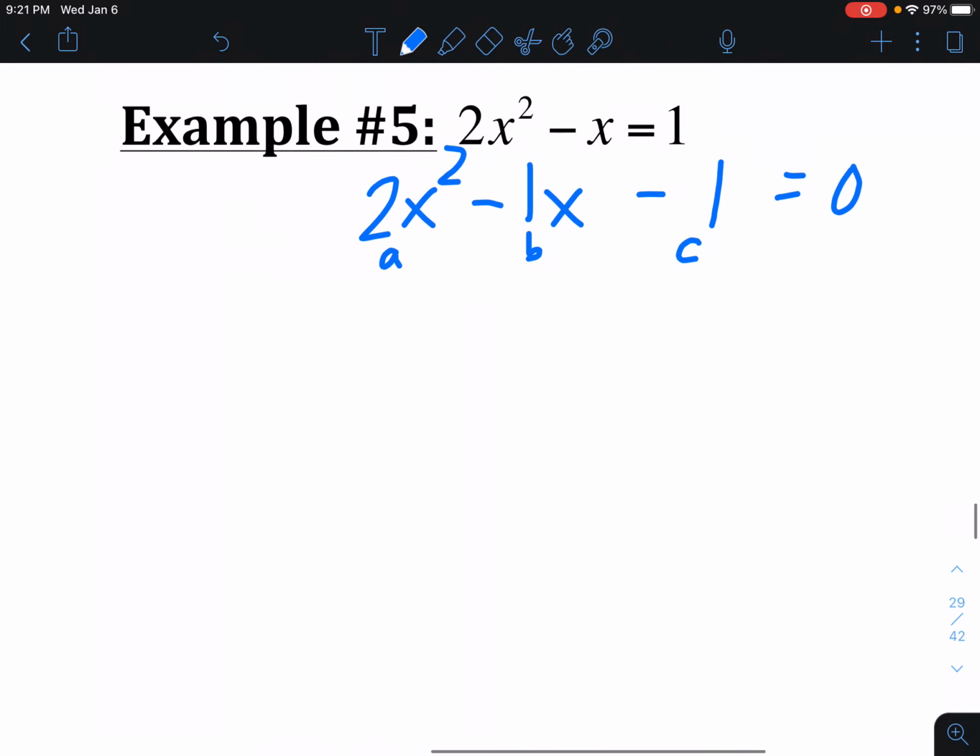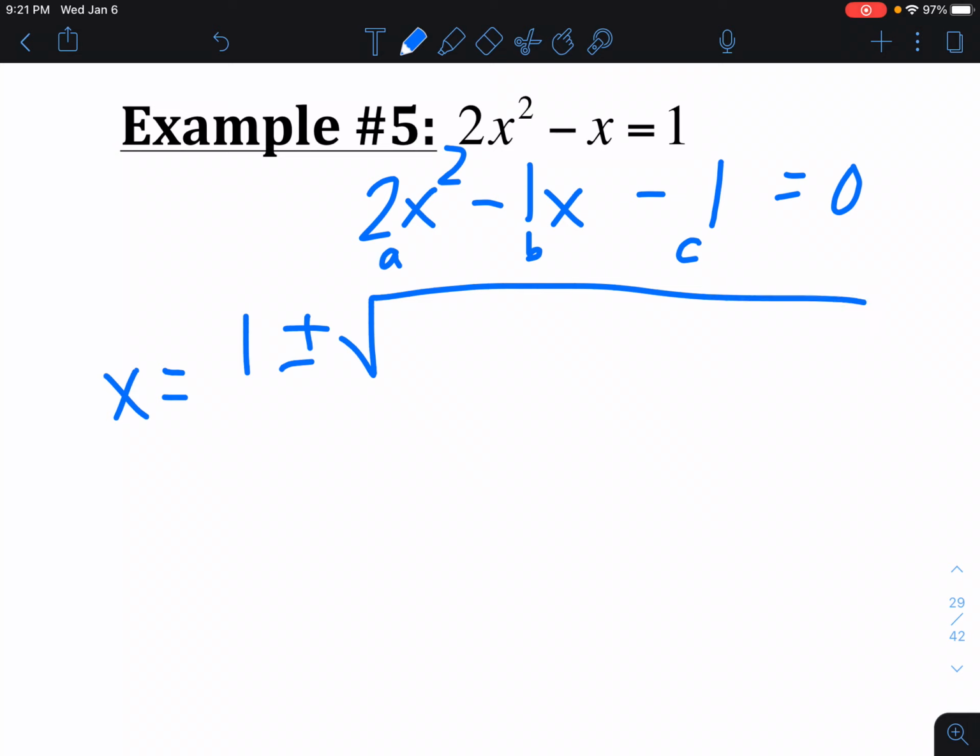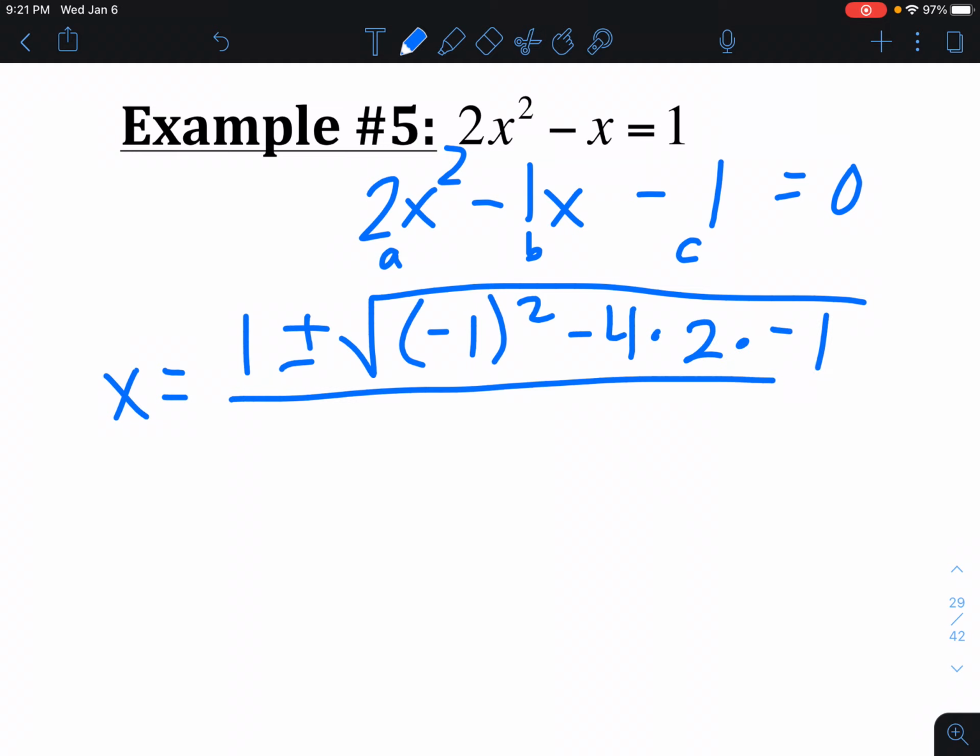So we're going to substitute into the formula now. Negative B, that would be double negative, so positive 1, plus minus square root of B squared minus 4 times A times C. I'm going to start going a little faster now because I'm looking at my time, and I'm already at the 16-minute mark.